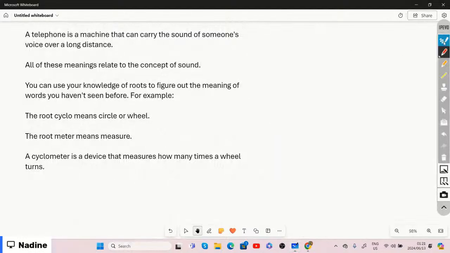And you can then use your knowledge of roots to figure out the meaning of words that you haven't seen before. Like for example, the root cyclo.